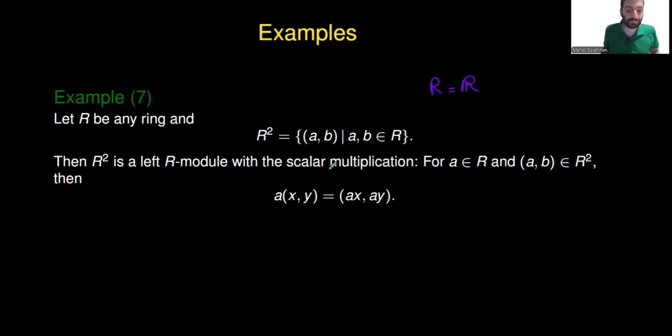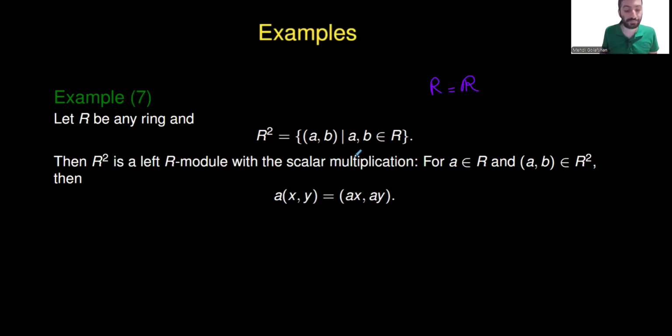This is the set of ordered tuples (a, b) such that a and b are elements of our ring. Then R squared is a left R module with a scalar multiplication. It's the addition of two vectors in R squared, and the scalar multiplication.